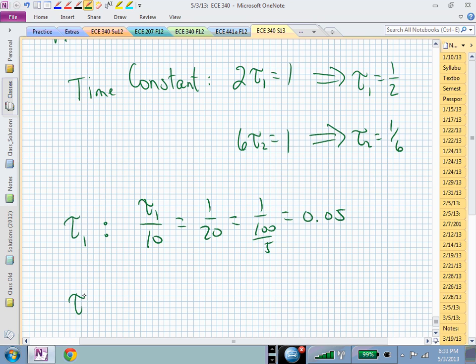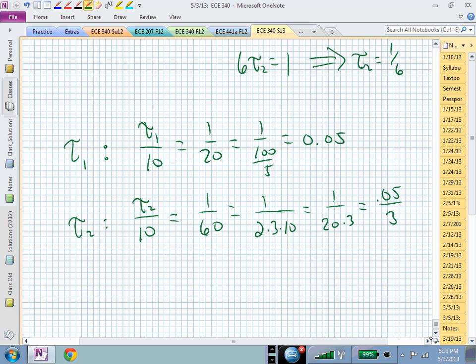If I looked at tau sub 2 and took 10 samples in that time constant, I now have 1 over 60. What's that going to be? So I now have 1 over 20 times 3. I've just done the 1 over 20, that's this 0.05 divided by 3.